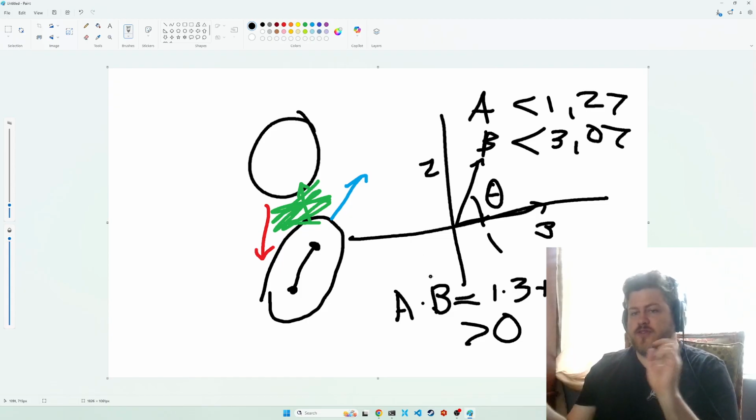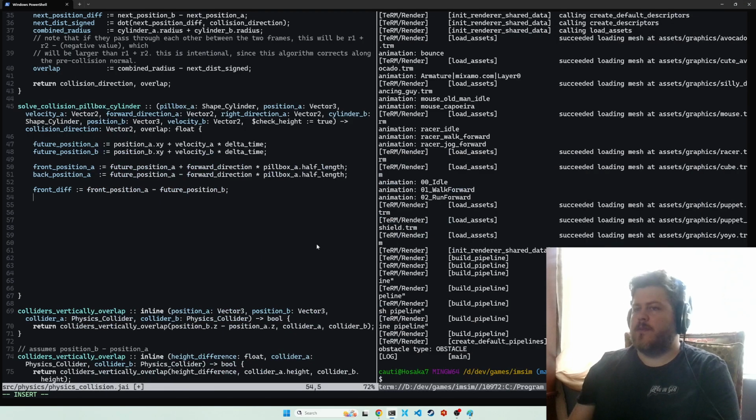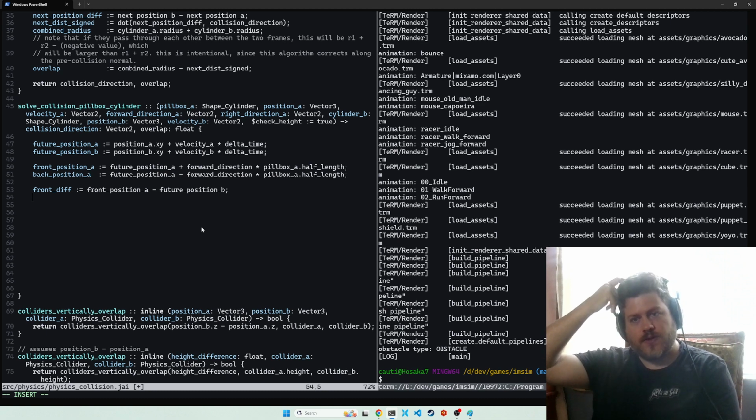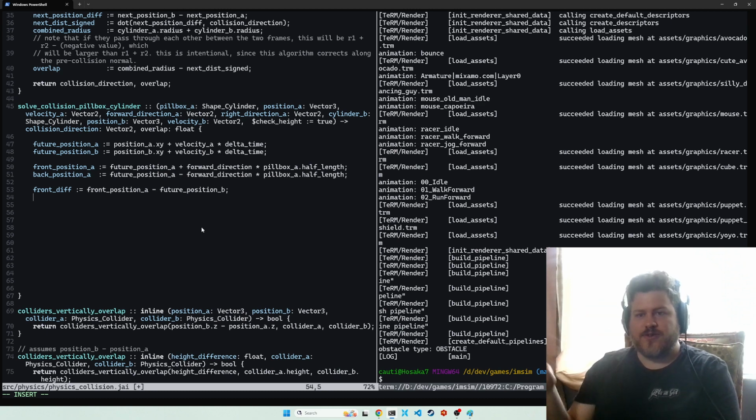If something is to the left or right of you, it's going to be very close to 0. And if it's in front of you, it's going to be very close to 1, right? So dot product, very useful thing, very cheap math. Maybe the number one math trick they wish you didn't know that you should know.